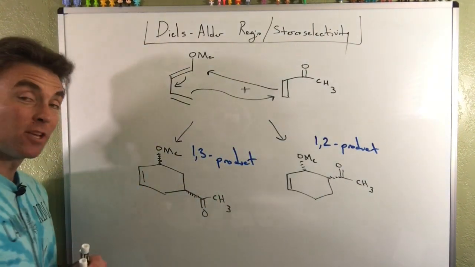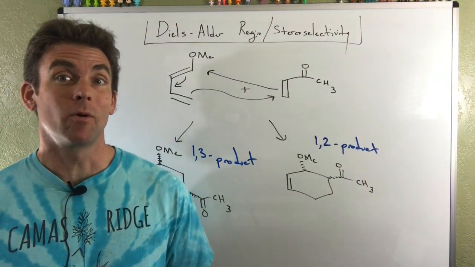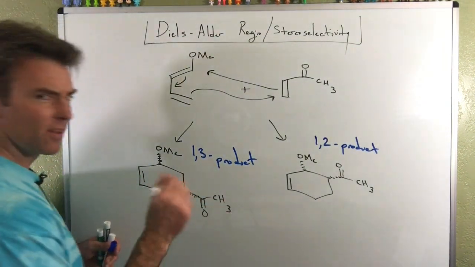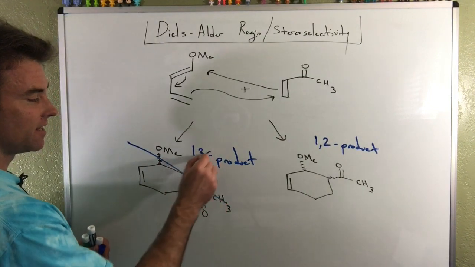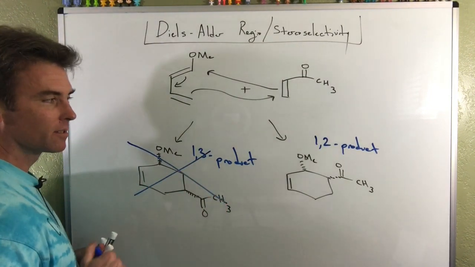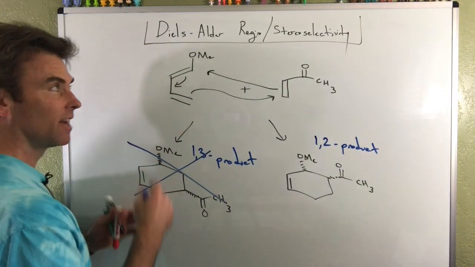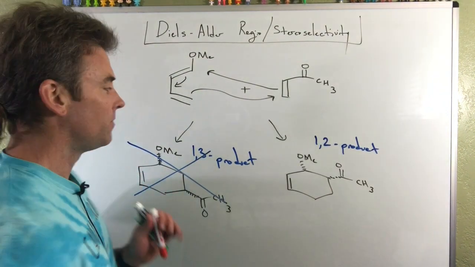For reasons that your book will go into, there is a really nice resonance argument for explaining this. But I'll tell you the truth just this one time: 99.9% of the time, 1,3 products are not going to be possible in a Diels-Alder reaction. That is the one thing I always memorized about Diels-Alder reactions.